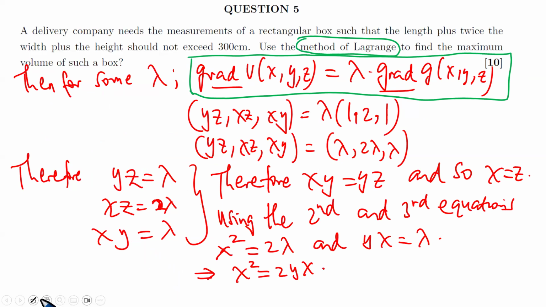If you look at this and that and divide them with each other, y would cancel and you'd have z and x. But now if you divide these two, you have y and z. Aha, there it is.